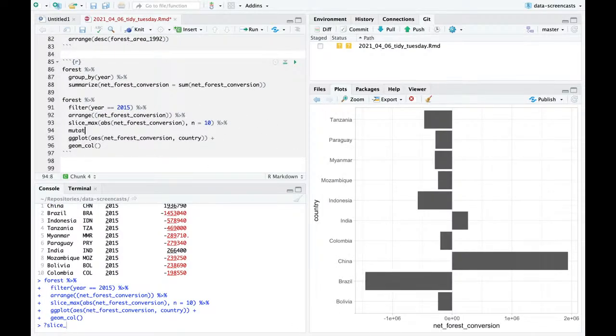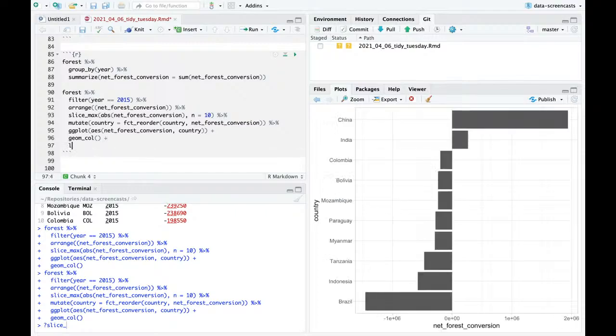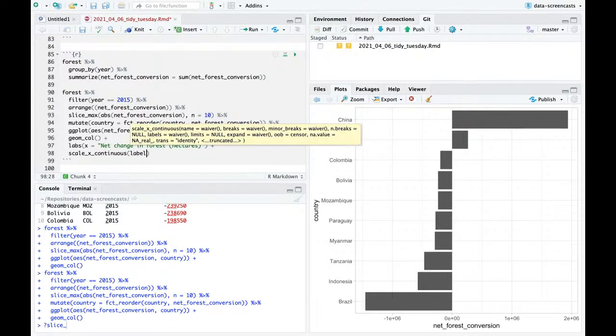Oh, nice. And now I can do a couple more things. I could say country is fct_reorder country by net forest conversion. Whenever I do this, I want comma labels.